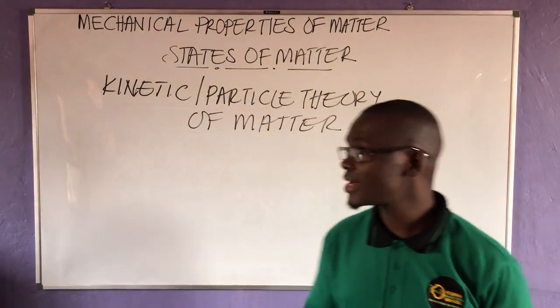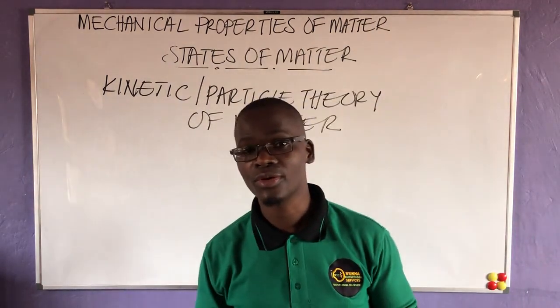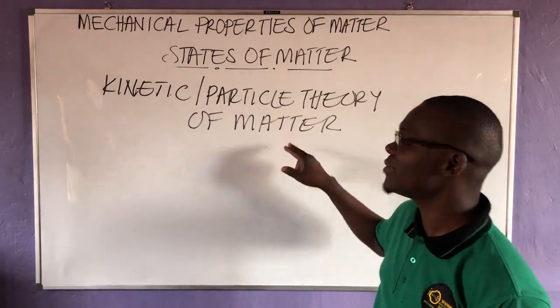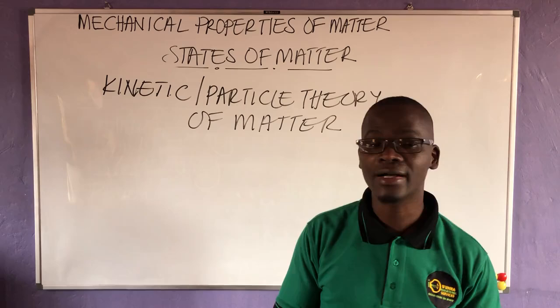We are still looking at the states of matter, and in today's lesson, we shall look at the kinetic or particle theory of matter. It is commonly known as the kinetic theory of matter.